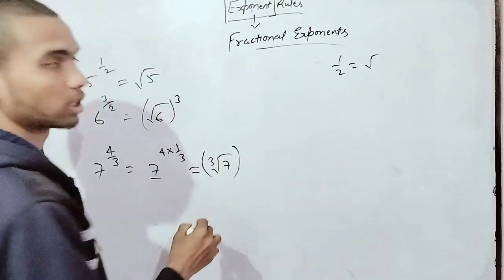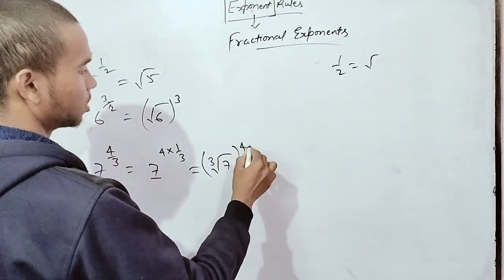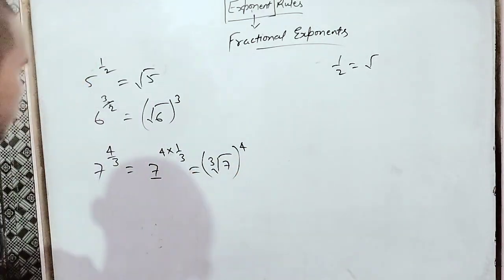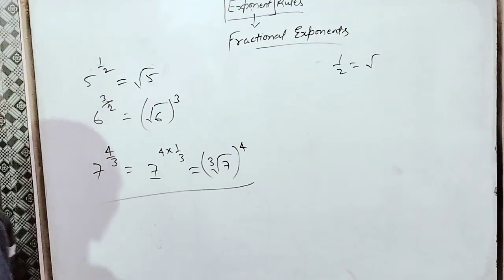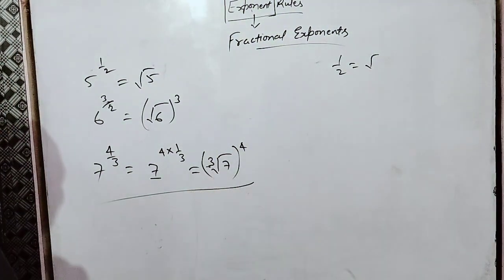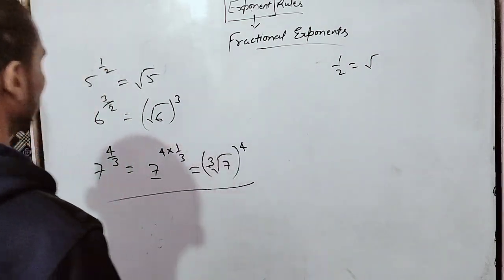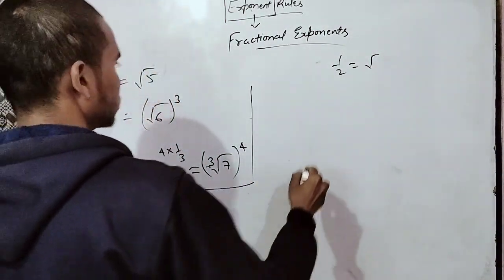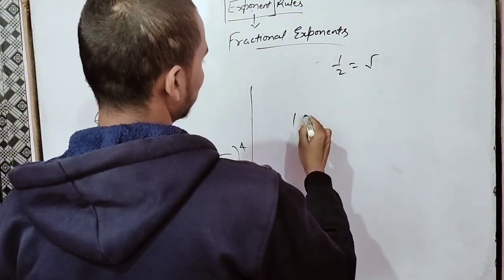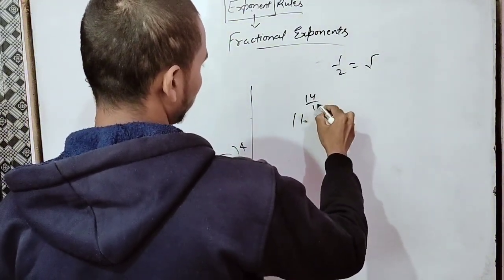Our exponent is 4. The numerator would be the exponent and the denominator would be the root. Clear? One more, 11, let's say it is 14 by 15.